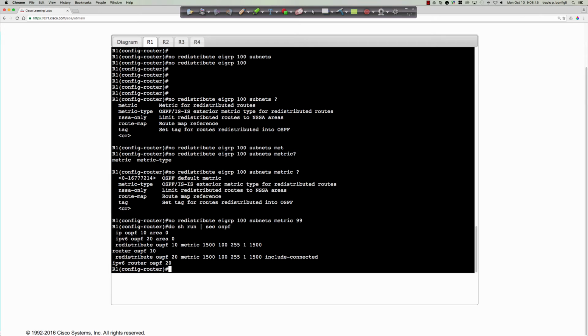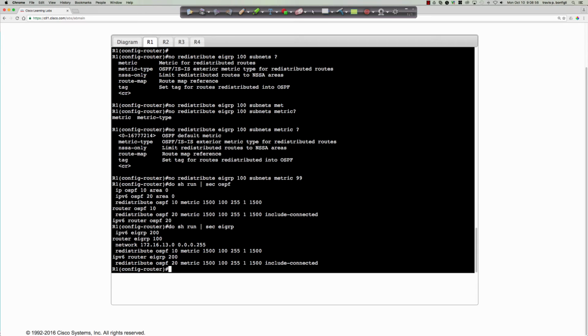And it is not. Where are we at here? Redistribute OSPF. Oh, sorry. Do show run section EIGRP. And it's very easy to get turned around here as you're trying to look at what you're redistributing and where you are redistributing things into.